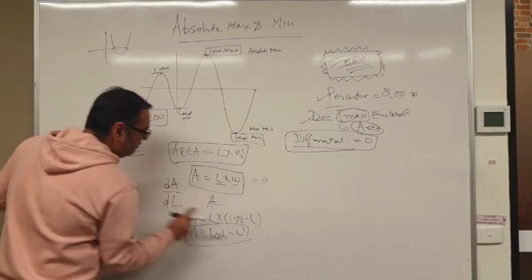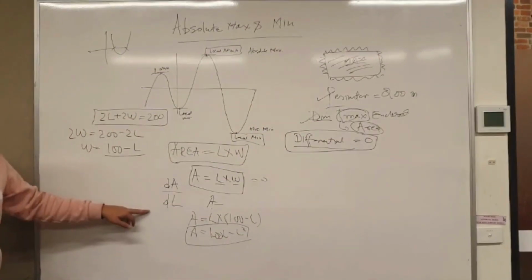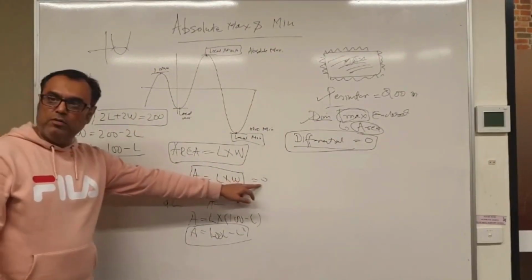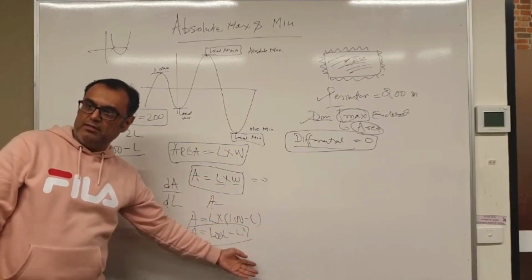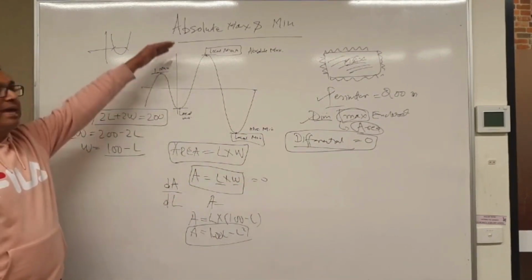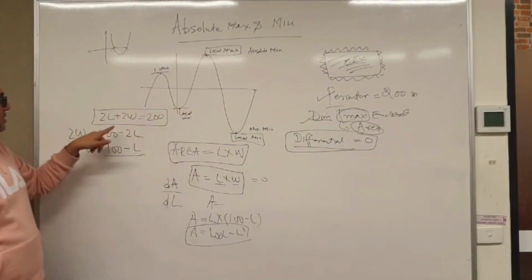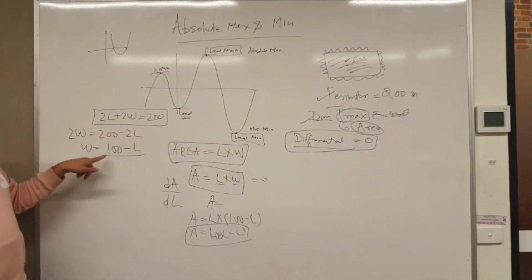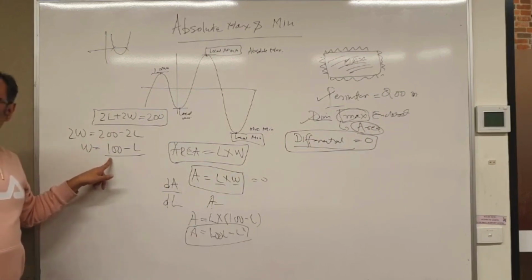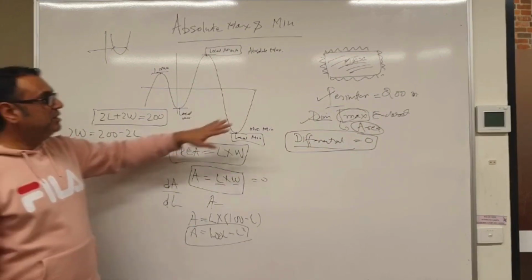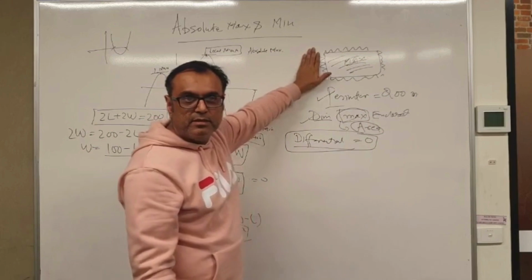Now you can easily find dA by dL, equate it to 0, and find the value of the length. The length value will be the max length value. Once you've got that, plug this here and find the width. That is what is required.